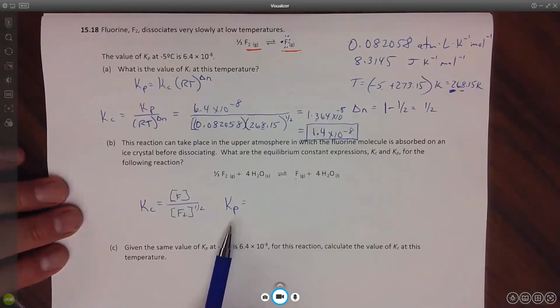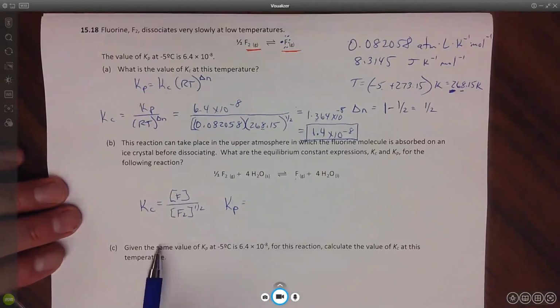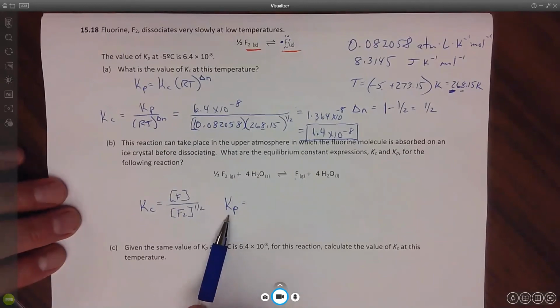So if atmospheres are the units, what is the variable? Pressure. And what letter or symbol do we use to represent pressure? Is it just P? P. Okay, so now let me ask again, what is the equilibrium constant expression for Kp?